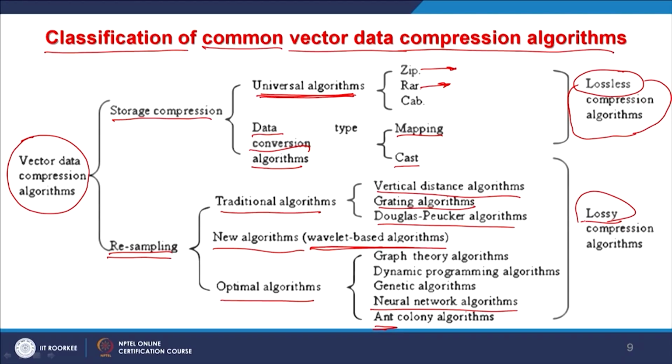I will give you one example from raster data compression, which is based on this wavelet based algorithm and is called MrSID. It may allow you compression of up to 50 times. What I mean is that if I have a raster file of 50 megabytes, using that wavelet based algorithm, I can reduce it to 1 MB.